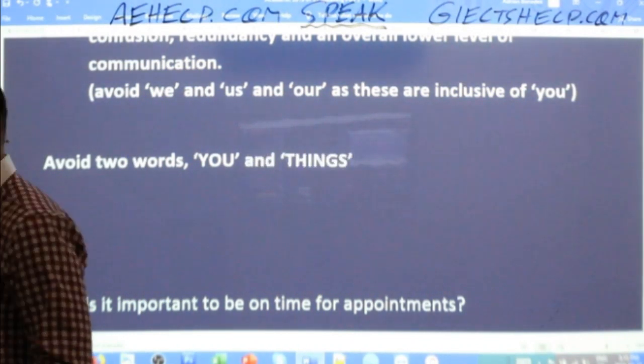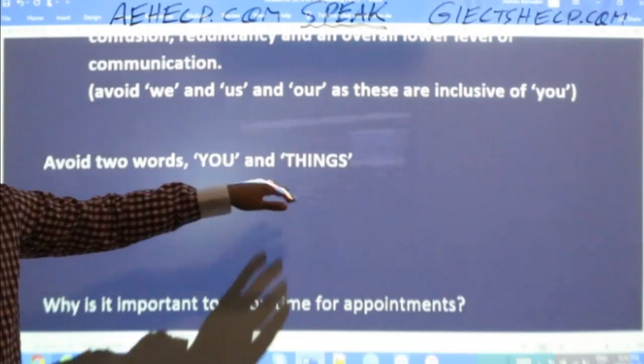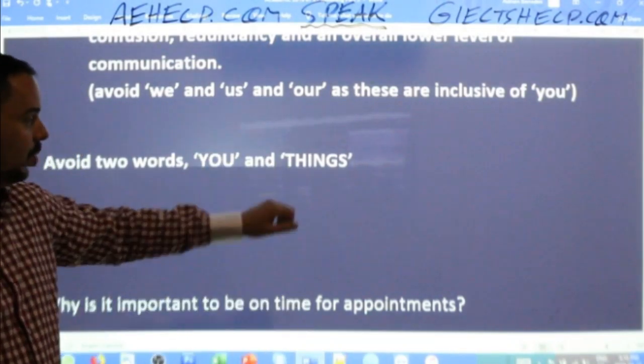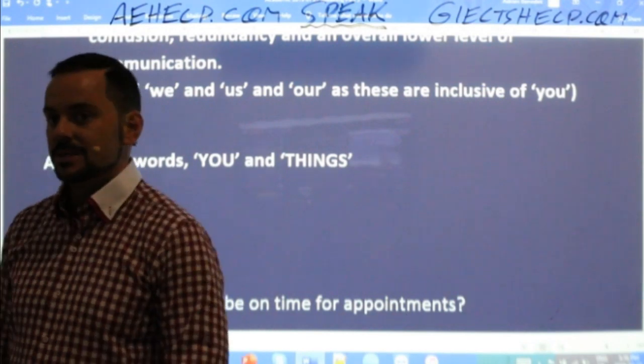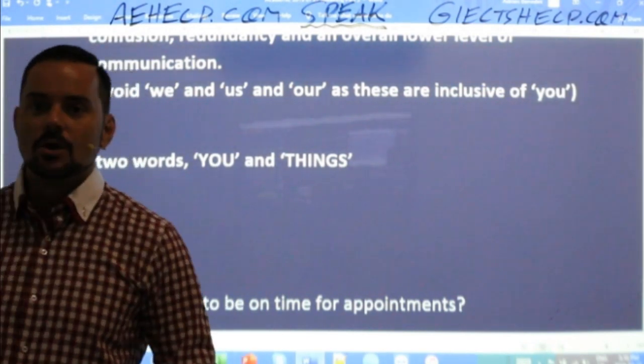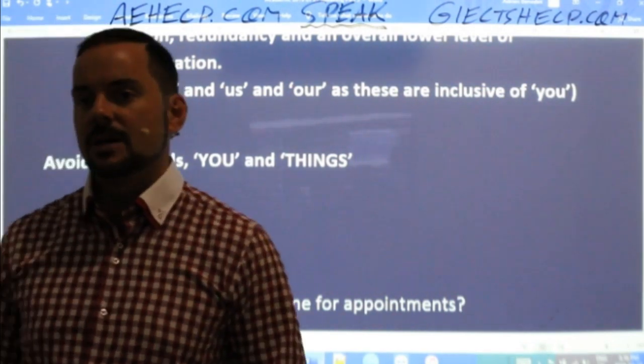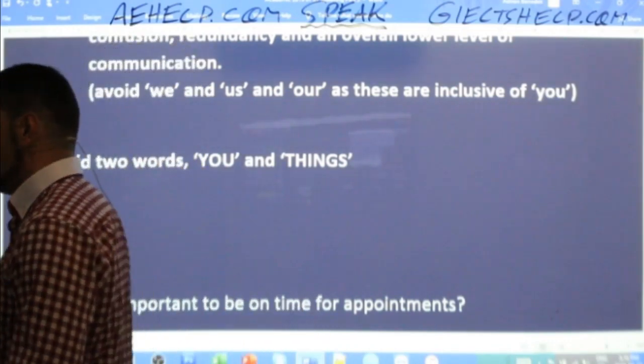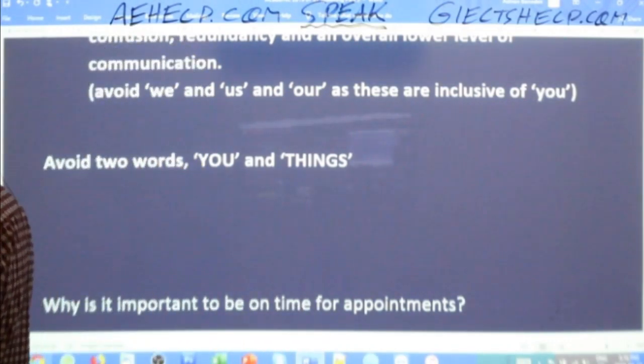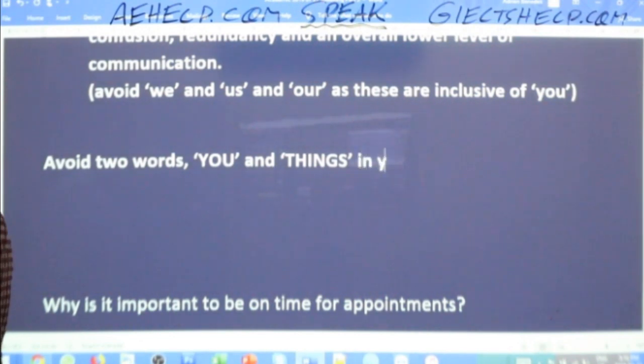And yes, that includes the word "stuff" and "something" and "sometime," okay? All of those ambiguous words. Yeah, "them" is okay, Sharik, in some contexts because that's a different pronoun, okay? So avoid two words, "you" and "things," in your speech and writing.